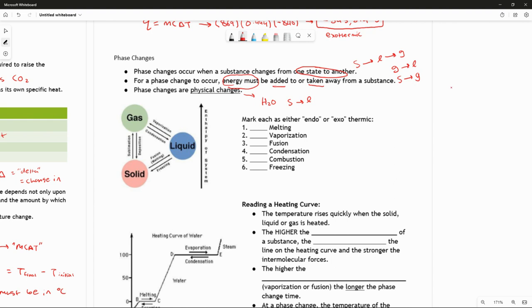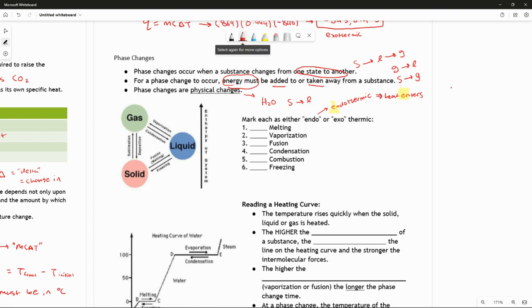You're going to keep it as H2O, it's just in a different form. All right. Using this knowledge, we can mark each of these six as endothermic or exothermic. What I said earlier, endothermic is heat enters. Endothermic, enters.